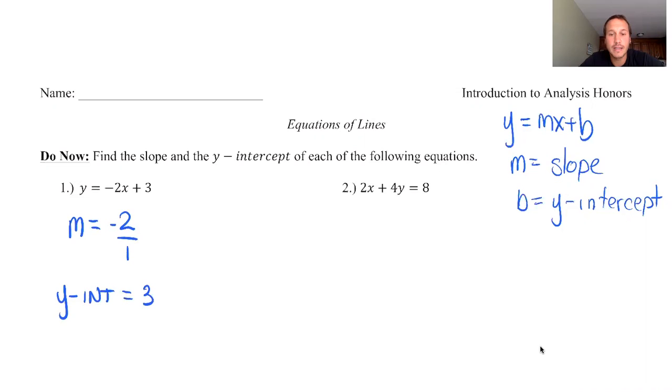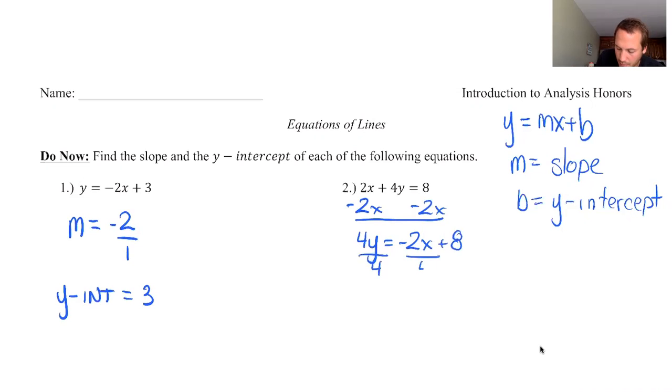Now, question 2 requires me to do a little bit of work, though. So I am going to move this 2x over. So if I move this 2x over, I've got 4y is equal to -2x plus 8. Now what I want to do is divide everything by 4, and I like to divide everything separately, but that's just a personal preference for me. The reason I do that is because now I have y equals -1/2x plus 2.